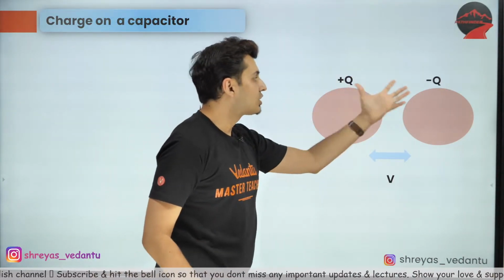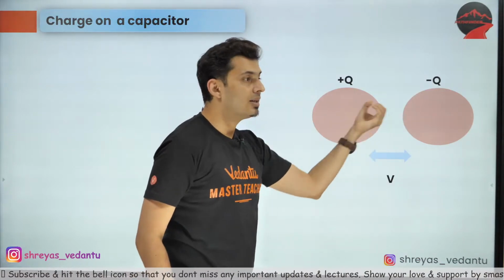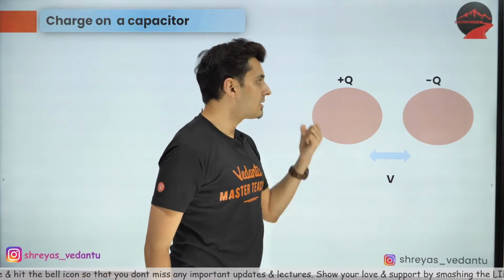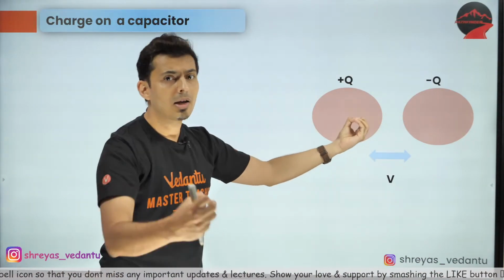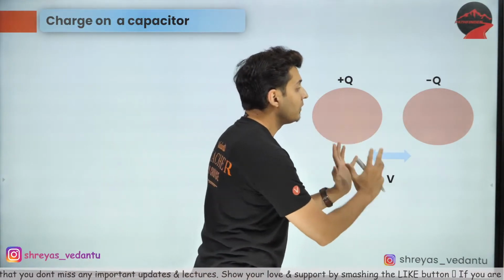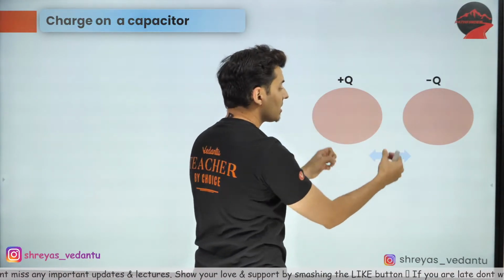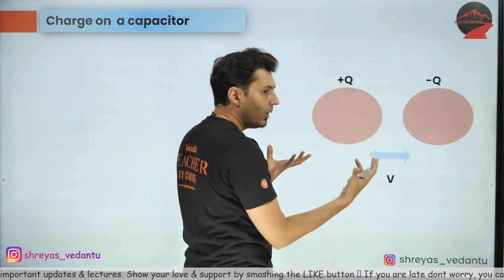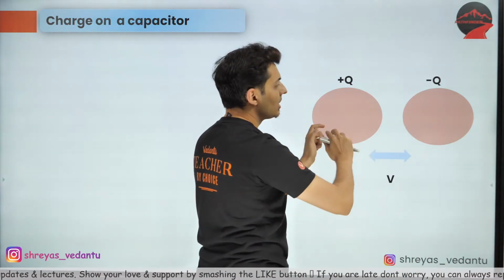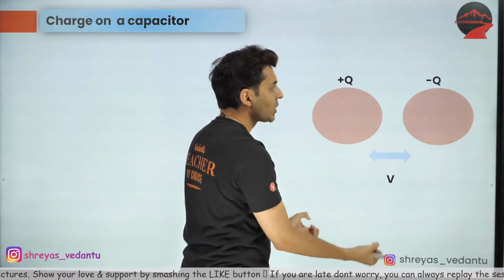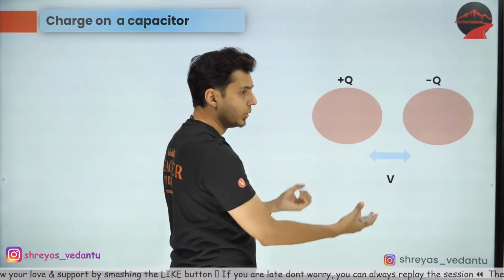That device which stores charge, creates a field between the plates and stores energy is a capacitor. Now, if you put more charge, the voltage will increase. Why? Because higher the charge, higher is the field between them. So more charge, more voltage.